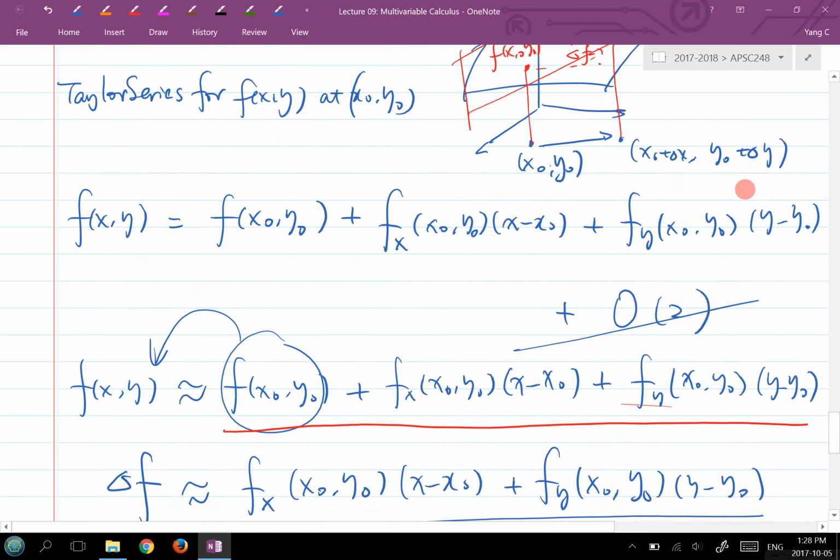You see that the expression for this delta f here is pretty much the plane equation except the first term, isn't it? So delta f is basically the value from here minus this. So that's the delta f here.